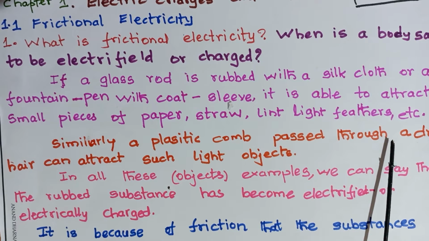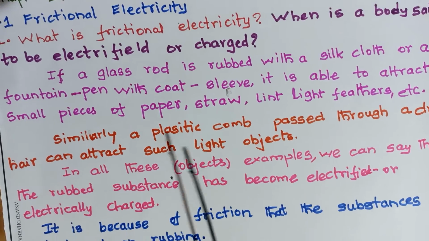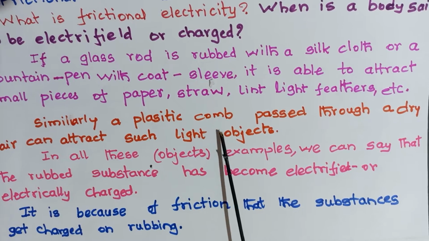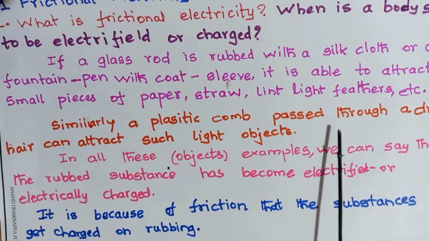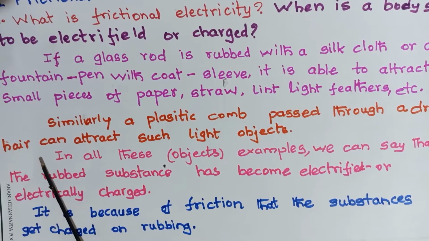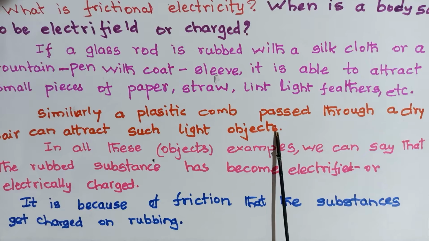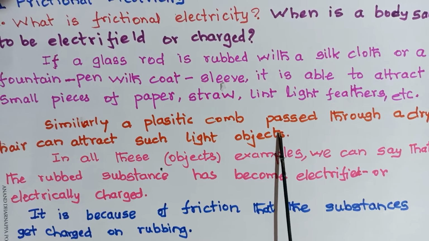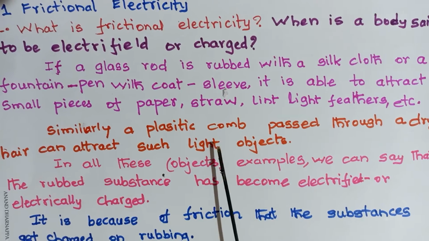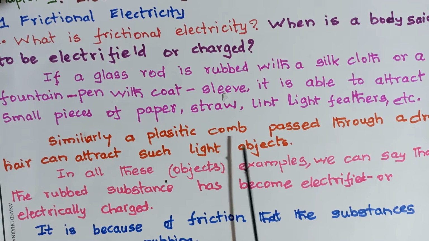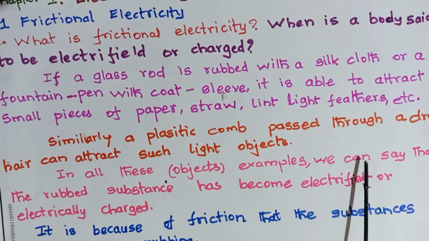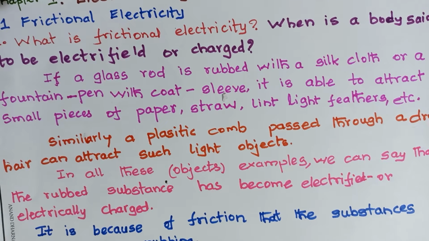Here, similarly, a plastic comb passed through dry hair can attract such light objects. Okay, so let us check whether it is correct or not. I will take paper pieces and I will take a comb. I will rub the comb with dry hair.